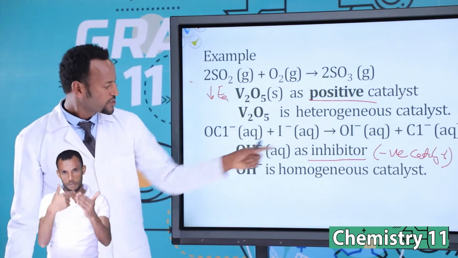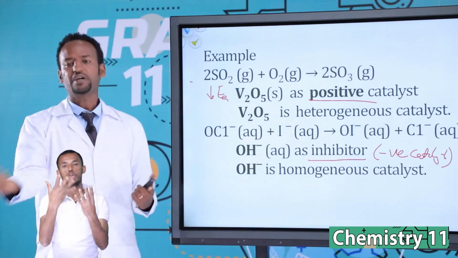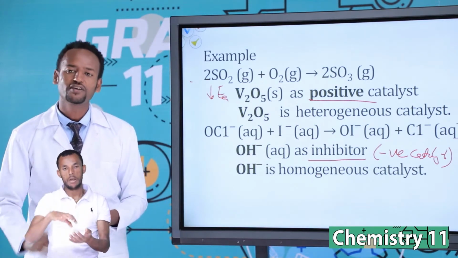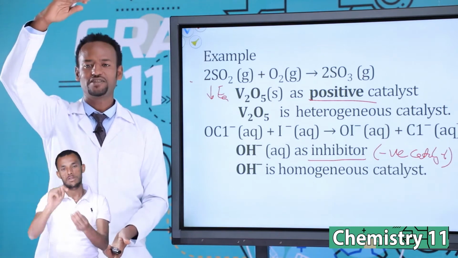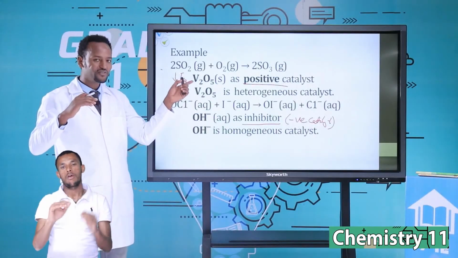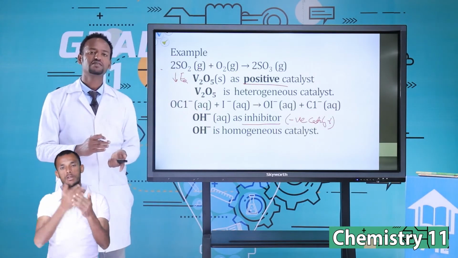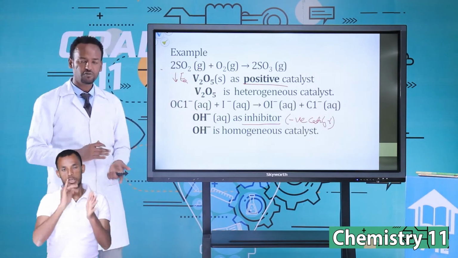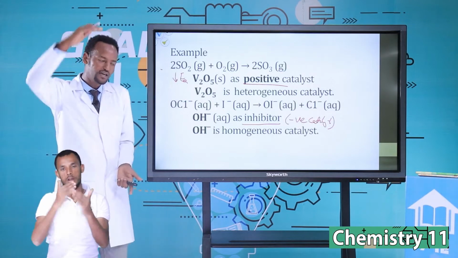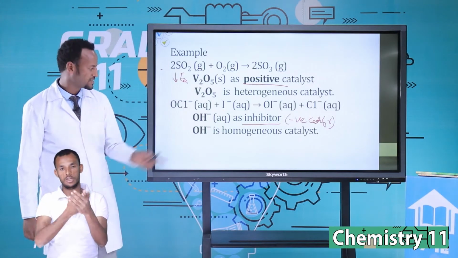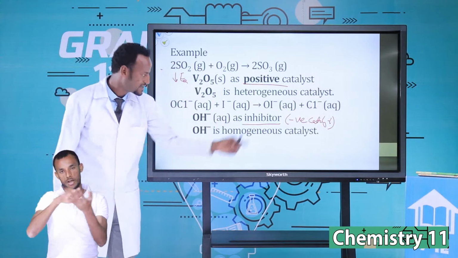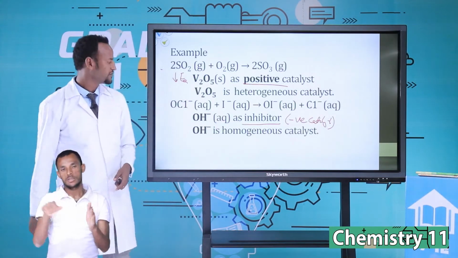Therefore, OH minus slows down a chemical reaction by increasing the activation energy level. V2O5 decreases the activation energy level, while OH minus increases it. When the activation energy level increases, the rate of the reaction decreases. Therefore, OH minus is an inhibitor, or a negative catalyst.